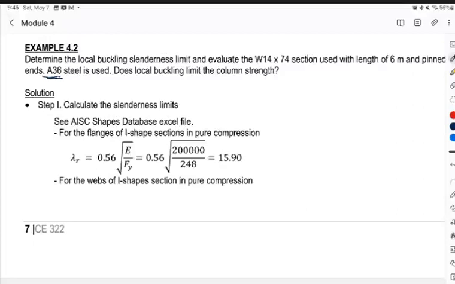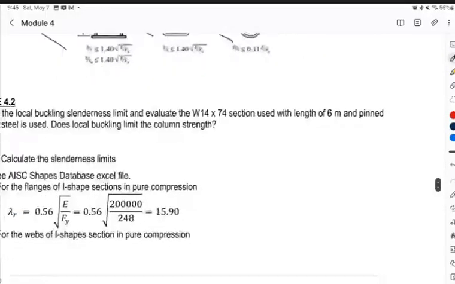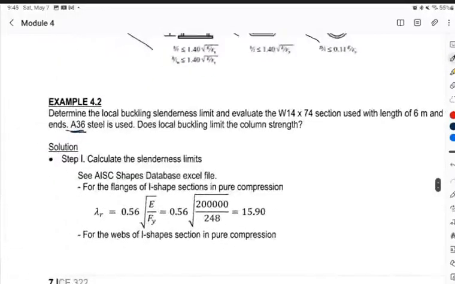So step 1 is we calculate the slenderness limits. From your AISC section database, you look for it, that was our example earlier. So Fy, of course, for A36, Fy is 248 megapascal.